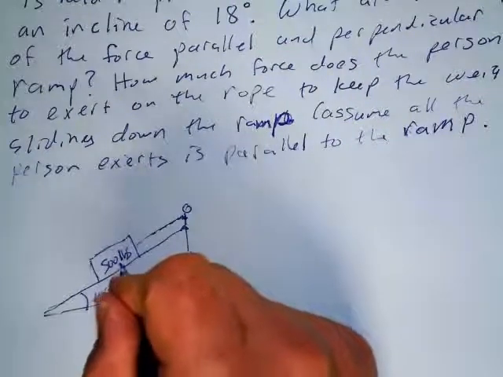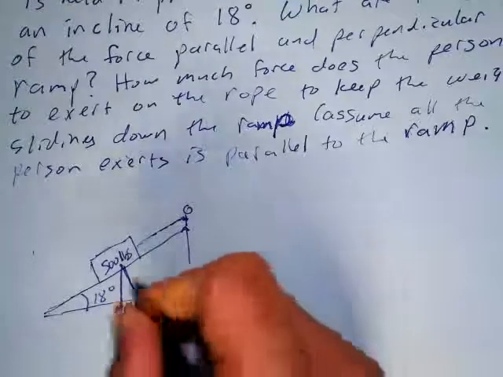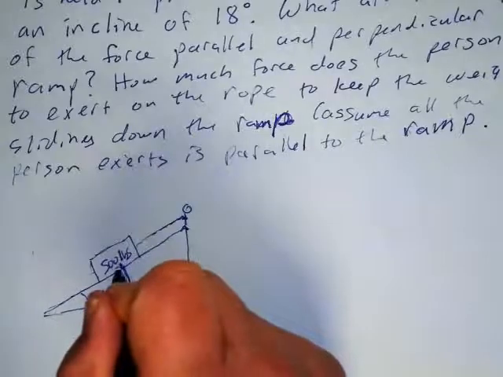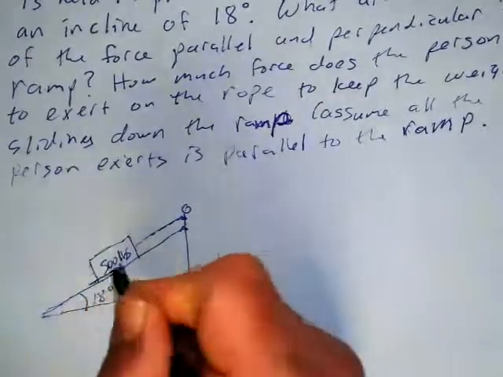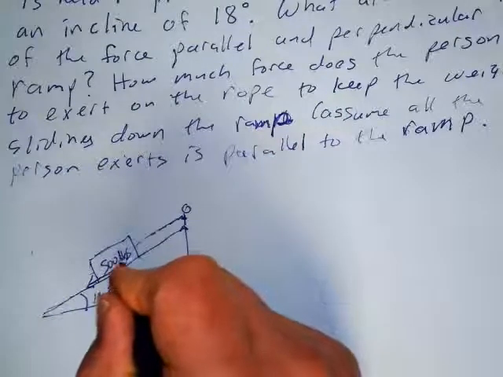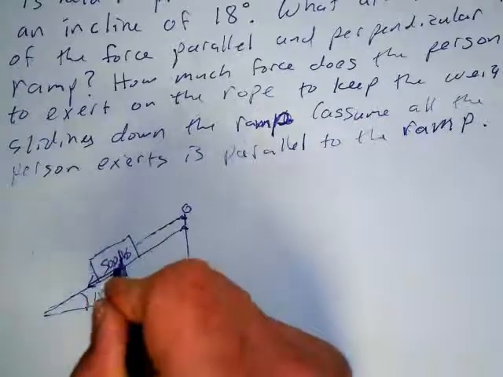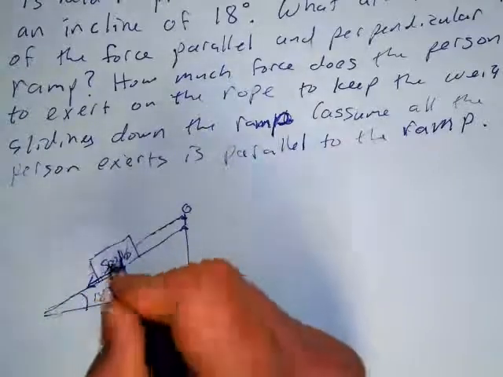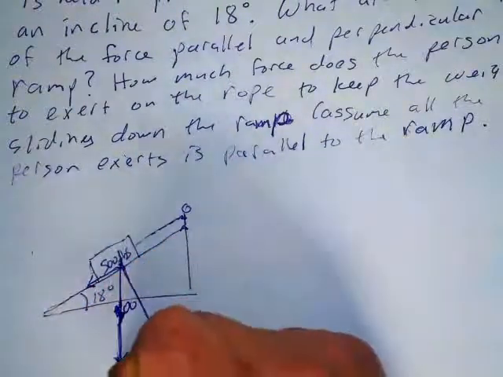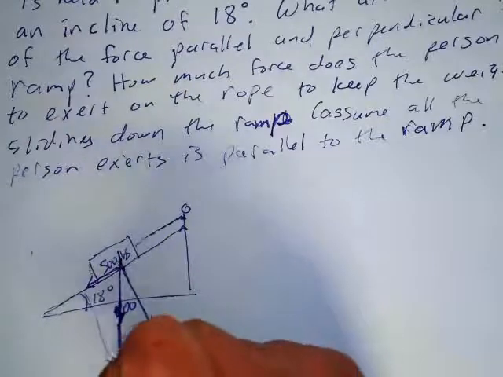So what it's saying is that there's a vector here and another vector here that's parallel to the ramp. And this dot should have been up here so that this was more in the center of the weight. And these two add together to be this.